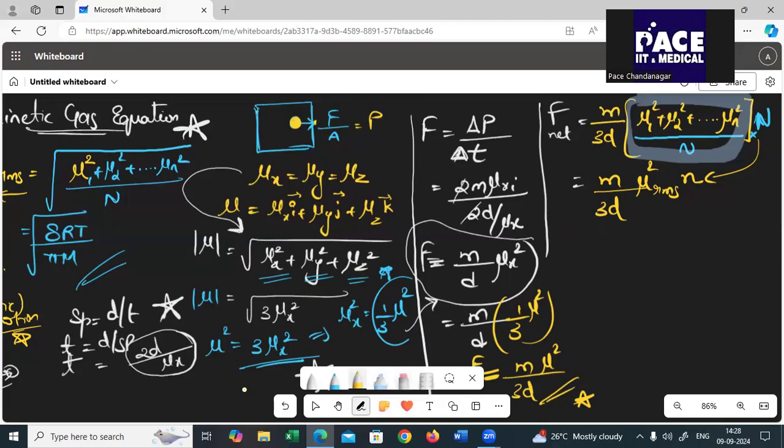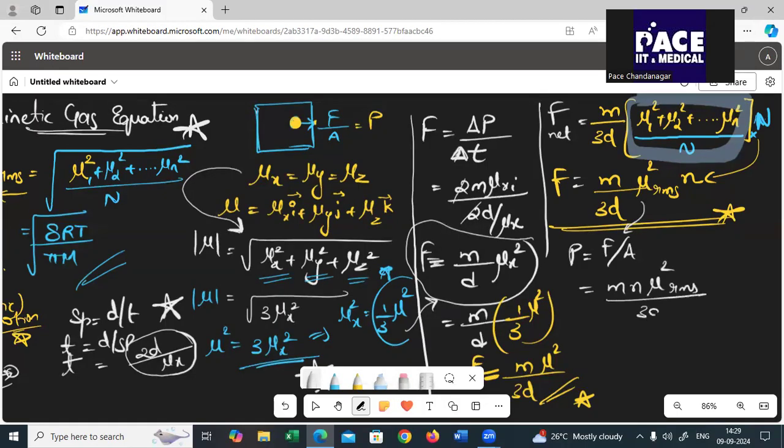Now, what do you mean by pressure? Pressure is force upon area. Now, what is force? Force is the above thing what we got. So m n u square RMS by 3d is the force, divided by area.